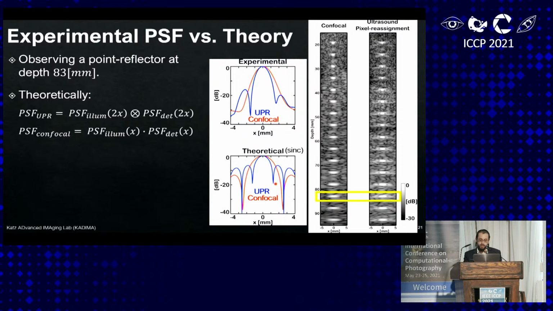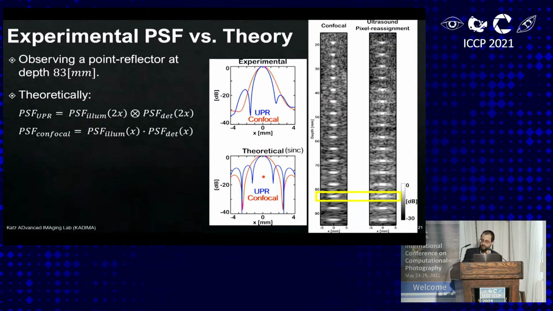Now, assuming that the PSFs are diffraction limited sinc functions, if we're observing these two bottom point reflectors, the confocal PSF, that's the red one here, theoretically, will be a sinc squared, and the Pixel-Reassignment PSF will be a rescaled convolution of two sinc functions.